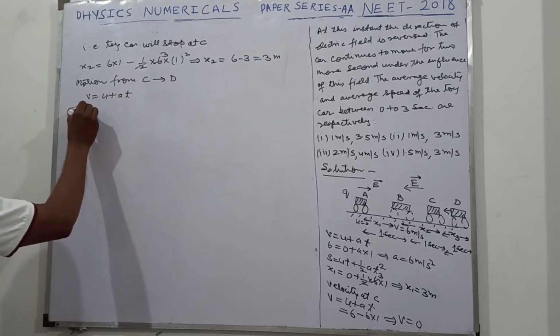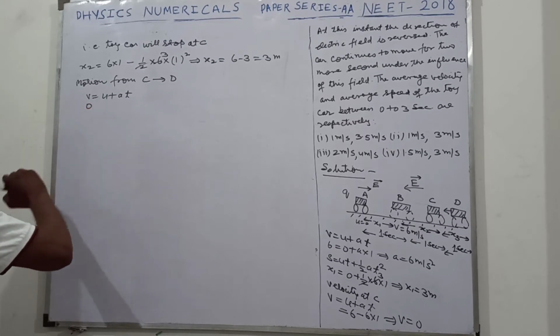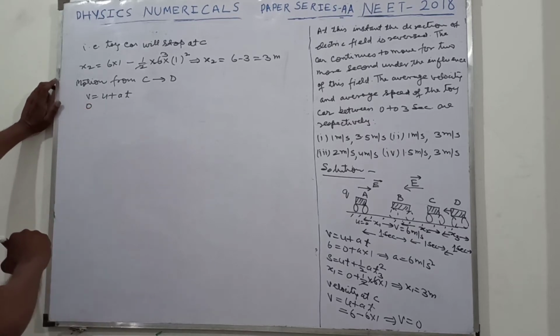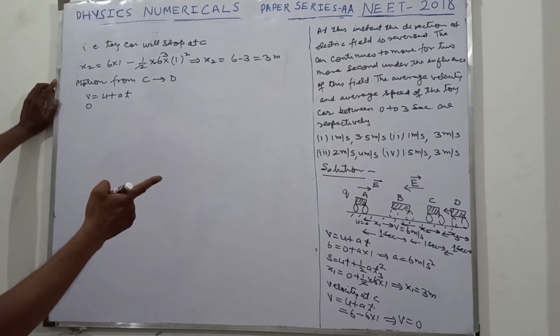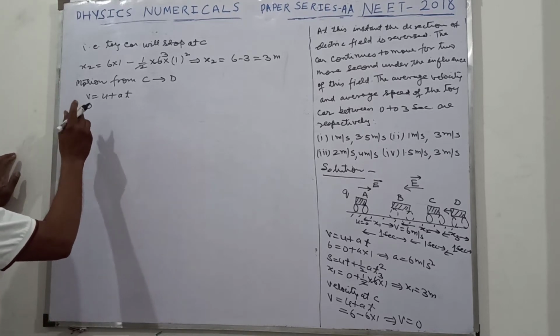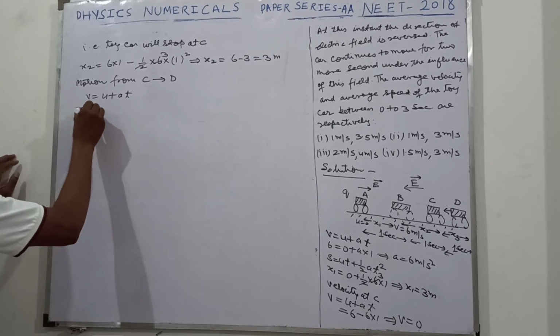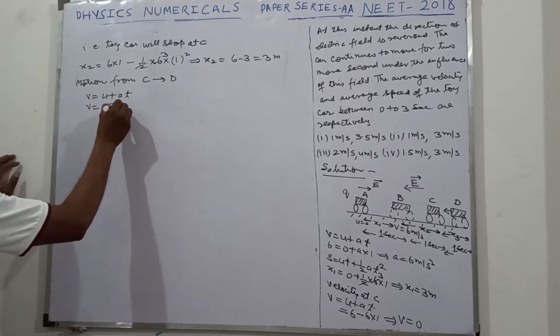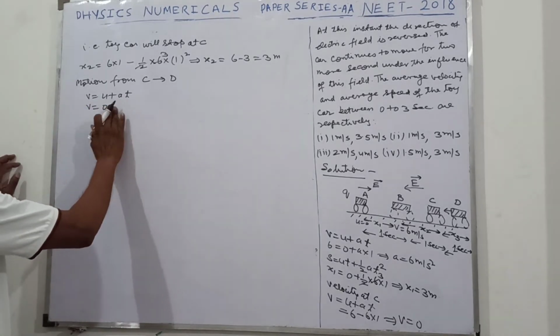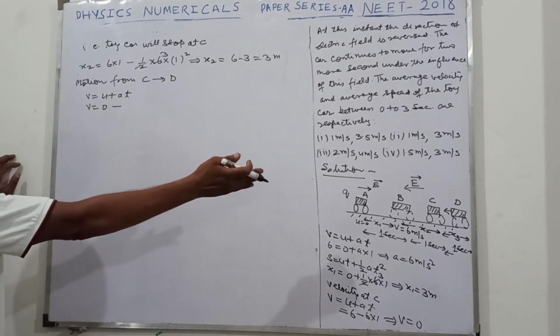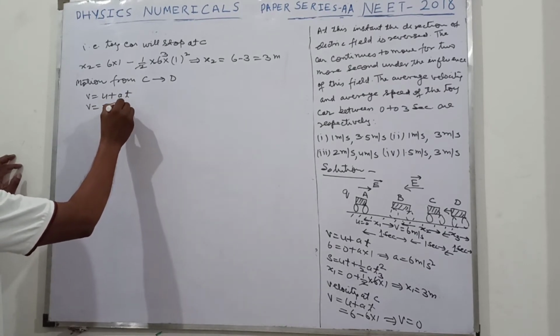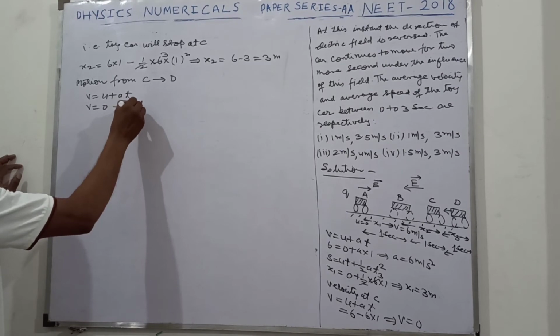So now the speed after this will come at rest. This is now 0 plus a, and this is being the minus sign because of this reverse electric field. So this is now your 6 into t.